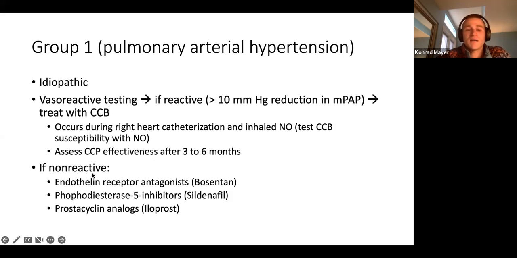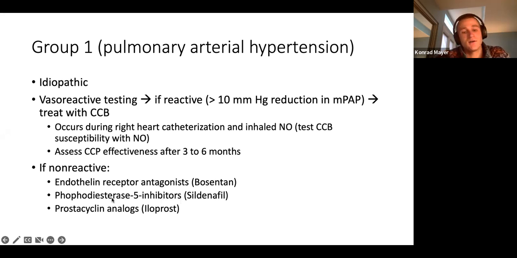If they are non-reactive or treatment is not effective, you should add these medications. If you remember earlier when I was talking about the pathology of pulmonary hypertension, especially in group 1 in these idiopathic young females, they have an increased endothelin, which is a vasoconstrictor. So if we antagonize the vasoconstrictor, this should help out with our pulmonary hypertension and reduce the increased pressure.